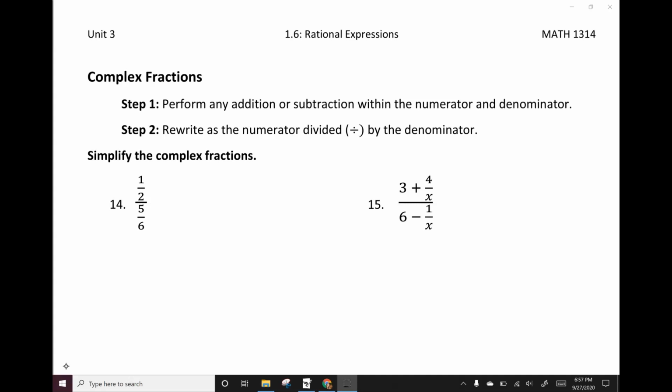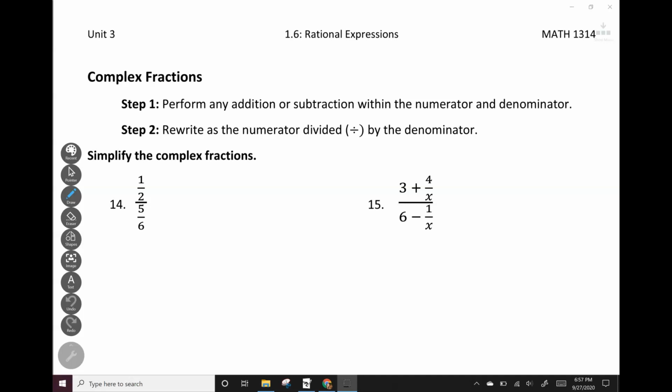Step 1. Any addition or subtraction that is happening in the numerator and denominator, you want to go ahead and perform that operation. So simplify the numerator and denominator first. And then step 2, rewrite the fraction as the numerator divided by the denominator, writing it out next to each other like the problems were yesterday.